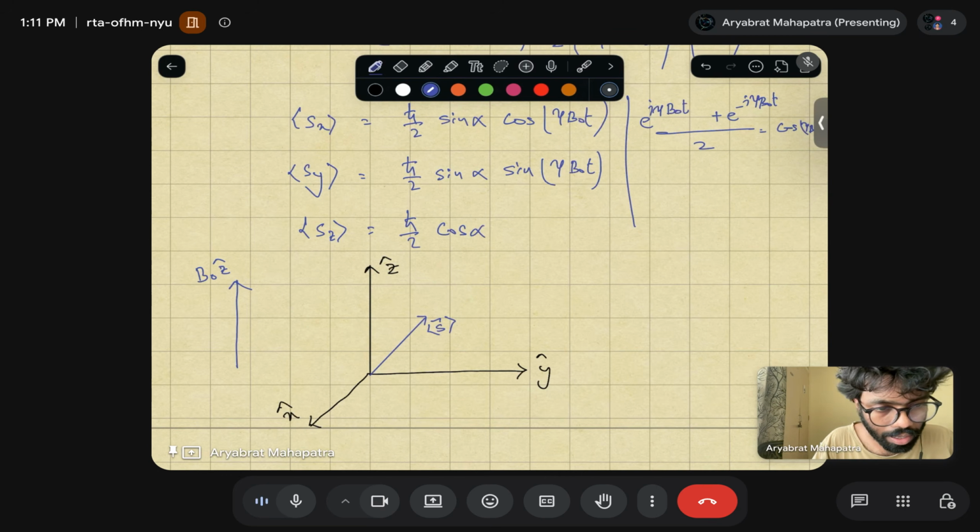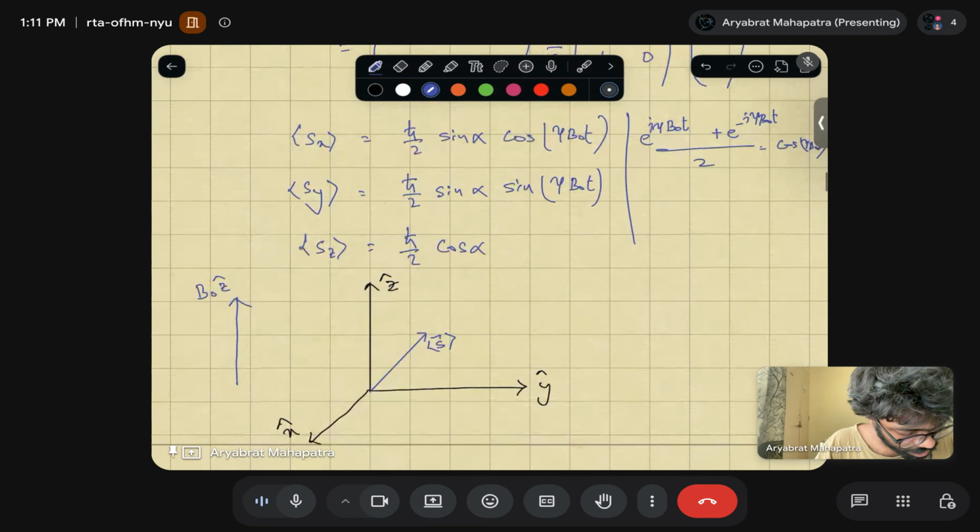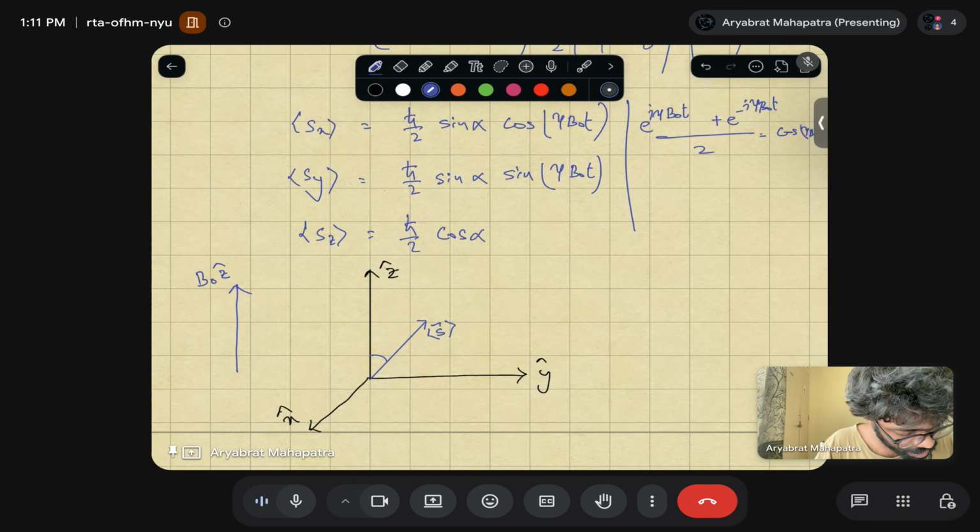If I am representing something in some coordinate frame, I should use the expectation, because without expectation it won't make sense, since it is some linear combination of states. But an expectation is some particular value, which is why I can plot them. With z along this side, alpha is measured from z.